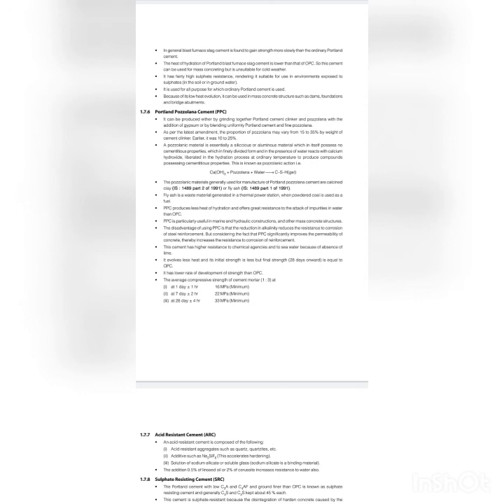It evolves less heat and its initial strength is less but final strength is equal to the OPC. OPC ordinary Portland cement. The average compressive strength of cement mortar 1:3 at day 1, 1 hour 16 minimum, at 7 day 7 2 hour, at 28 day 4 hour.